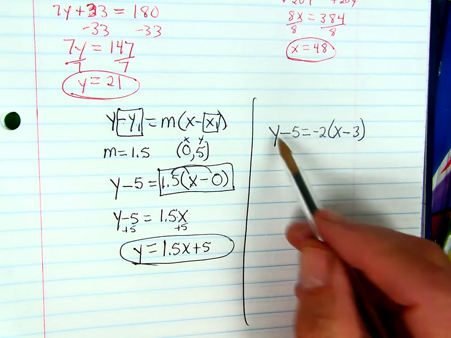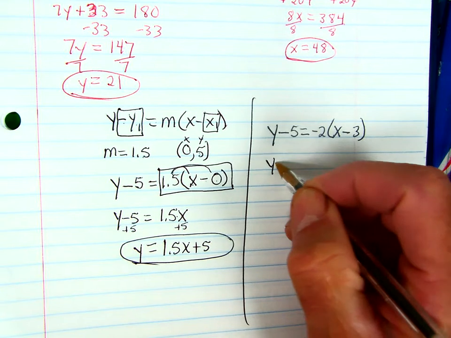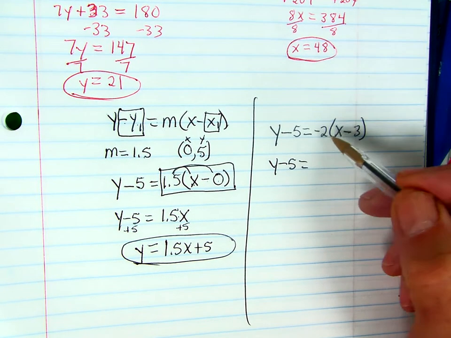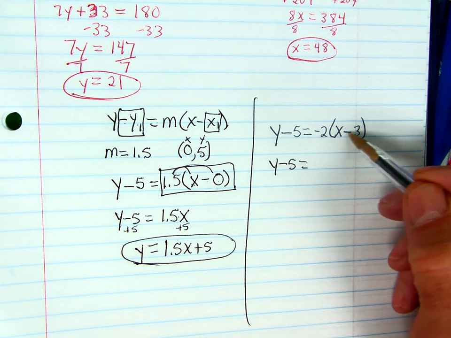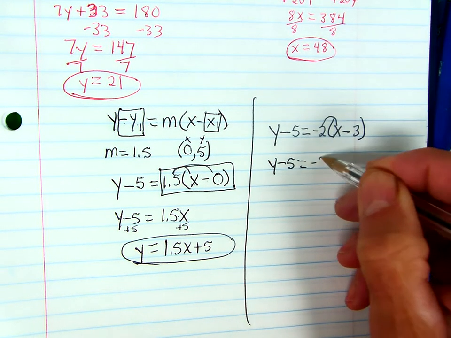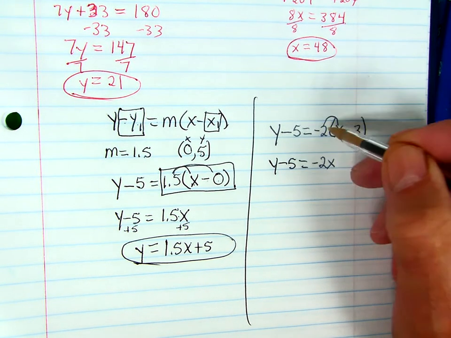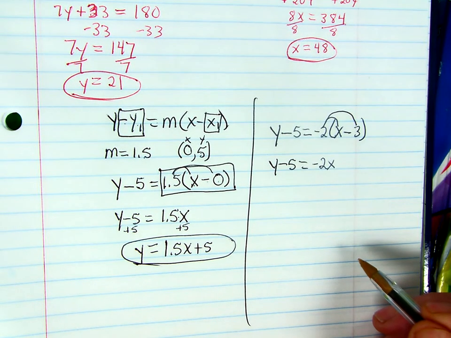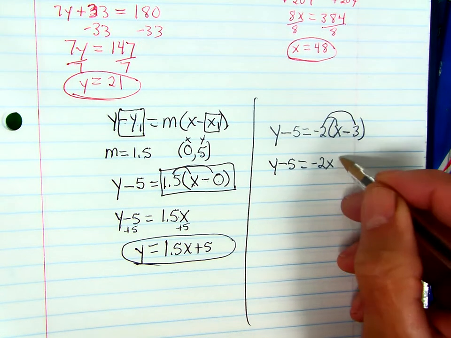There's no math to do on the left-hand side, so it stays the same in this next step. On the right-hand side, I have the distributive property, so -2 times x is -2x. -2 times -3 is +6.